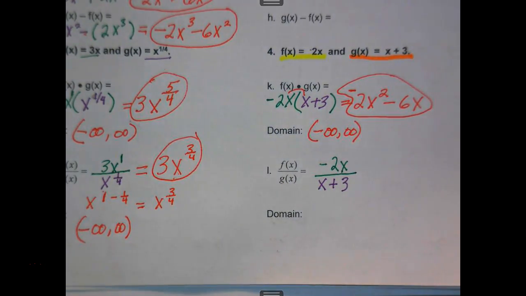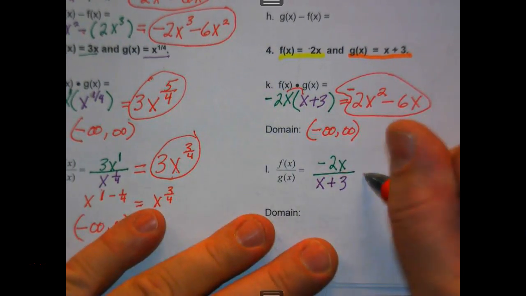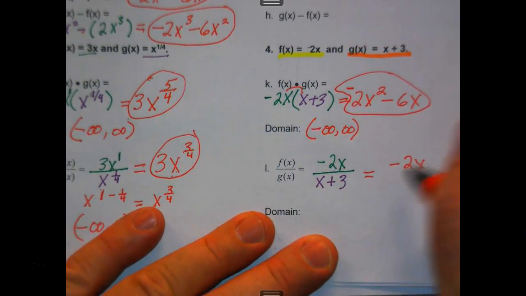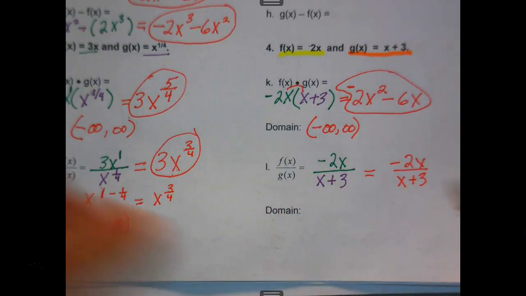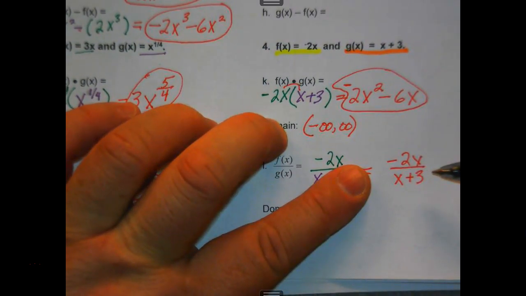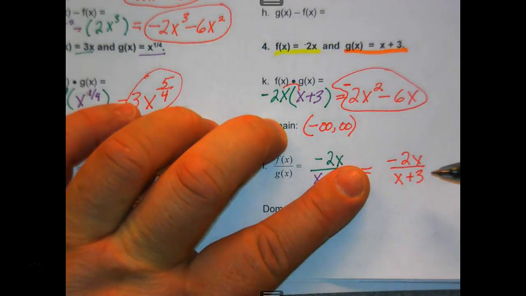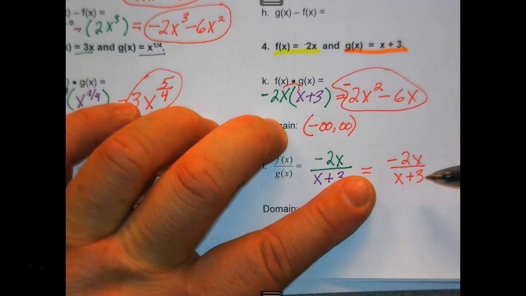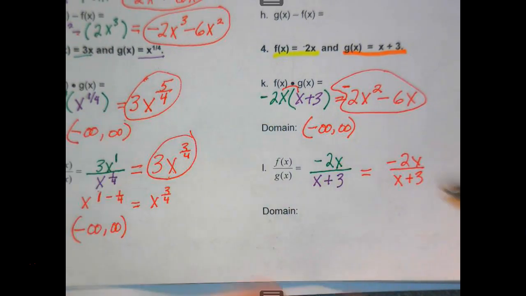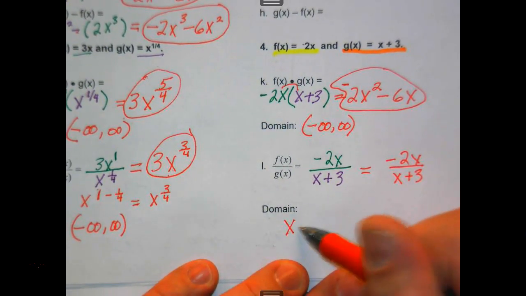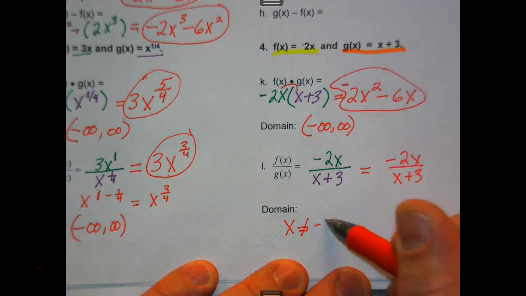No. So that's my answer: negative 2x over x plus 3. Now, I ended up with a fraction after simplification, right? So now I'm going to have a domain restriction because I have a denominator other than 1. What would make my denominator 0? Negative 3. So x cannot equal negative 3.